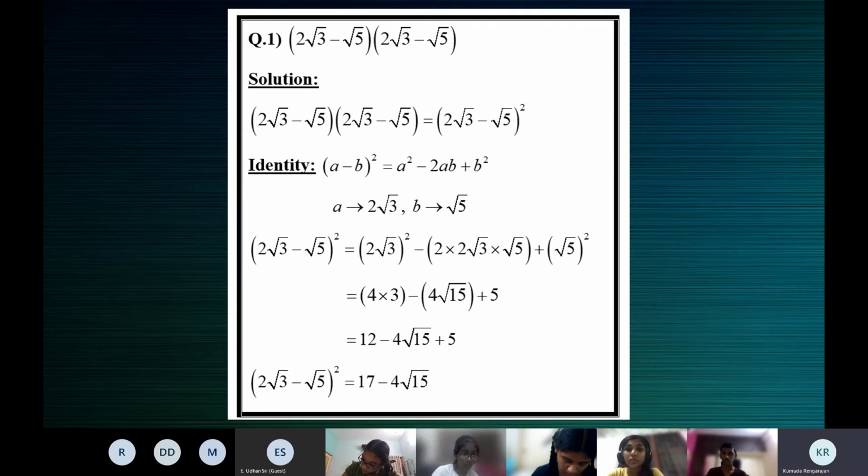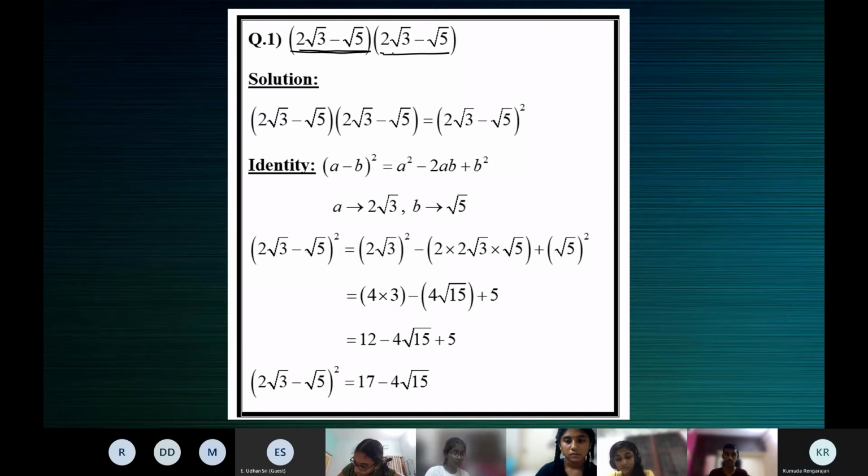Yes, children. You should have finished by now. So it's 2 root 3 minus root 5 into 2 root 3 minus root 5. Should I wait? I don't want to talk when you're writing.